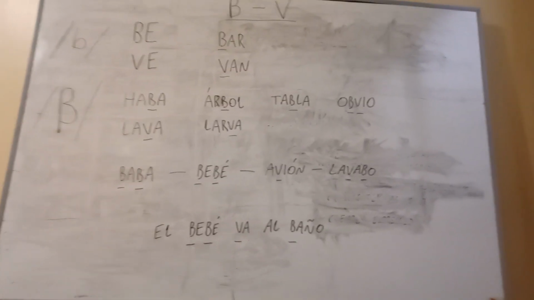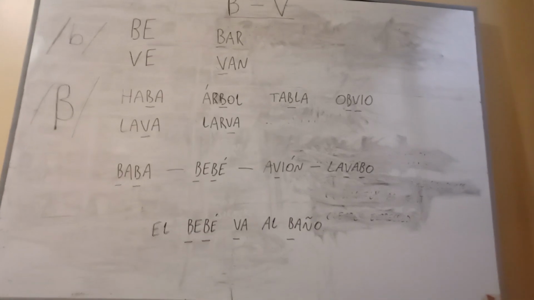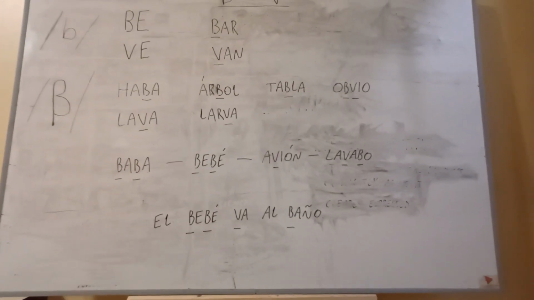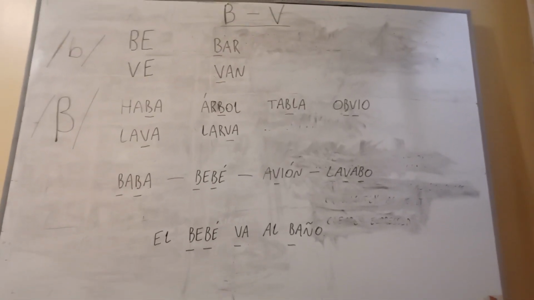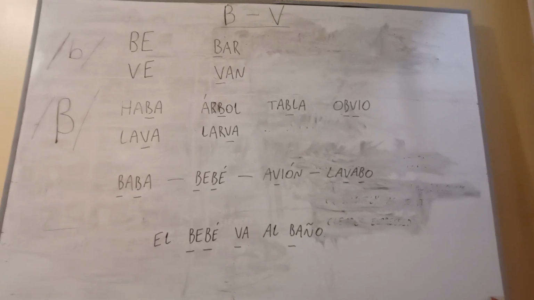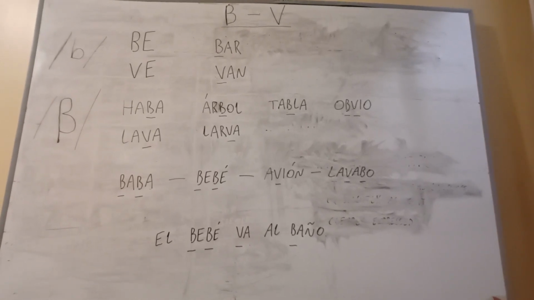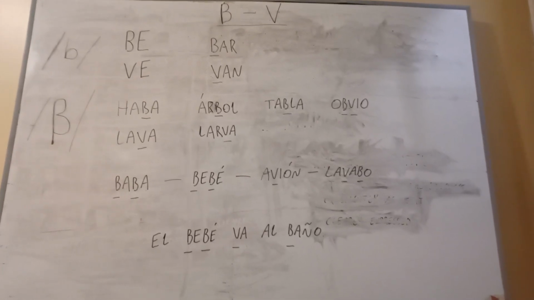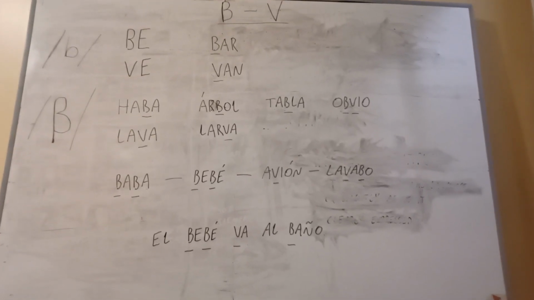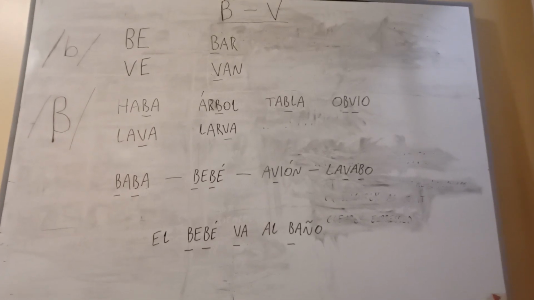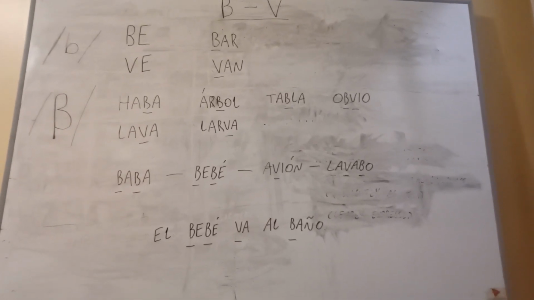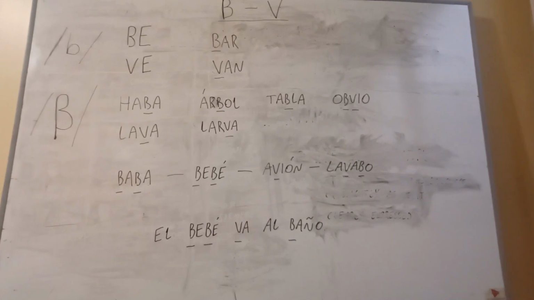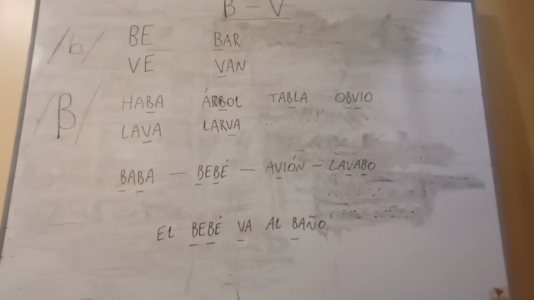Now let's move on to the third example. Avión. In this case, we have the B between two vowels. It doesn't matter if they are different vowels.